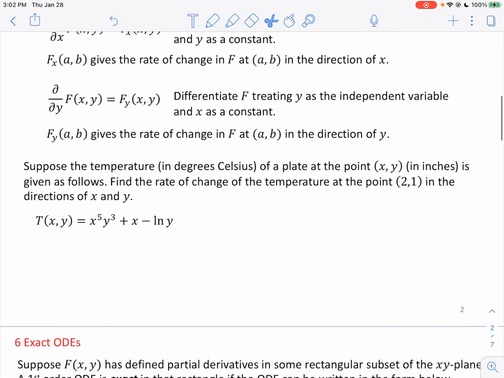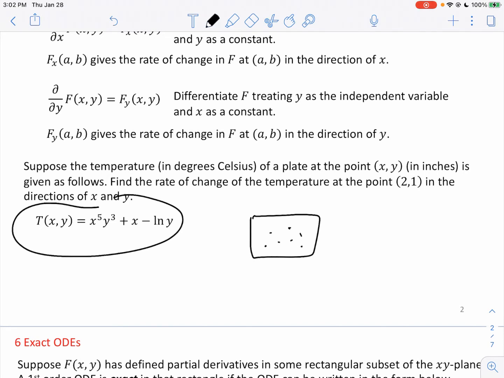Okay, suppose the temperature in degrees Celsius of a plate at the point x y in inches is given as follows. Find the rate of change of the temperature at the point (2, 1) in the directions of x and y. All right, so we just have some sort of plate, and there are different points on the plate, and this function tells us the temperature at a point. So we have this varying temperature across the plate.